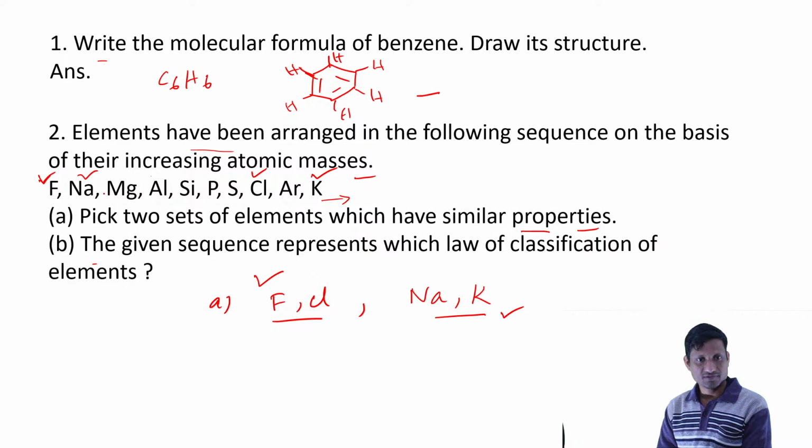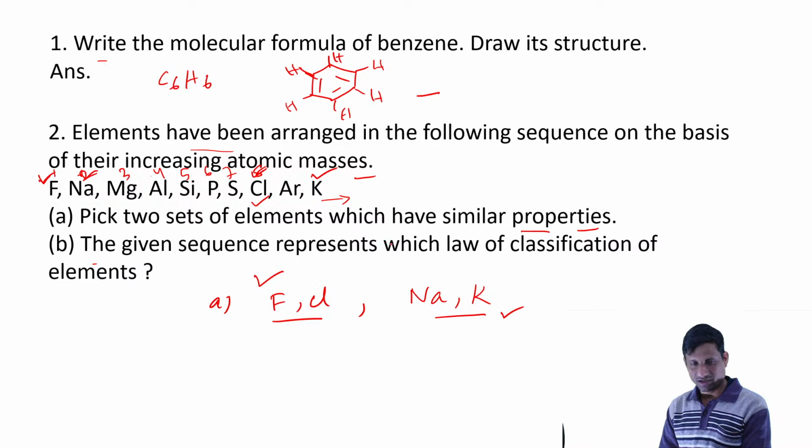So basically if you see the elements like 1, 2, 3, 4, 5, 6, 7, 8. Okay, so fluorine is related with the octave rule at 8. So basically at the 8th, fluorine and chlorine are having similar properties.